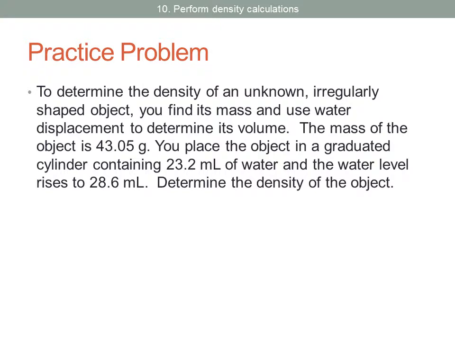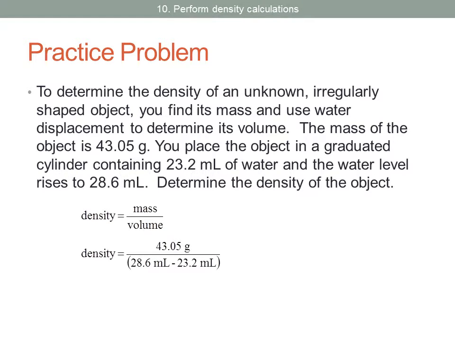Determine the density of the object. So here we're asked to find density, so that's just our mass divided by volume, as we've seen before. Notice in this situation, we're told that we're using water displacement, and we're given a volume of water in a graduated cylinder before we add the object and after. So we'll have to use those two values to determine the volume of our irregularly shaped object here.